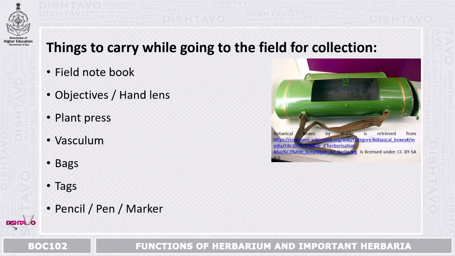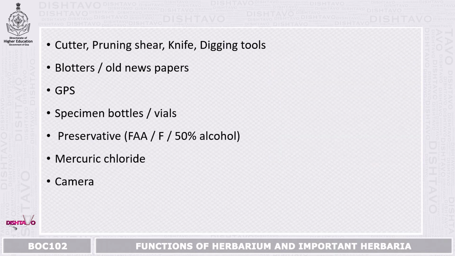Things you have to carry while going to the field for collection include a field notebook, objectives or a hand lens, a plant press, a vasculum, bags, tags, writing material, cutting and digging material, blotters or old newspapers, a GPS machine, specimen bottles or vials, and preservatives.